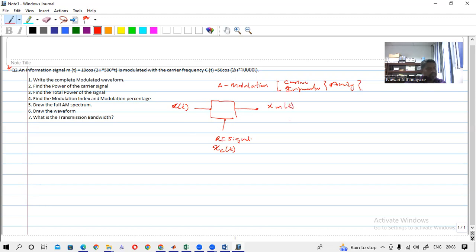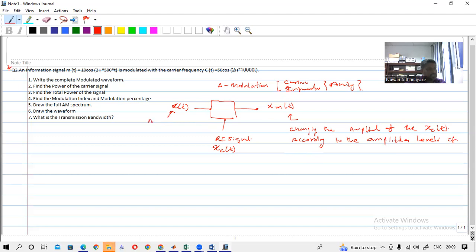So in AM modulation, what we are doing, as you already know, is changing the amplitude of the carrier signal xc(t) according to the amplitude levels of the modulating signal or baseband signal.